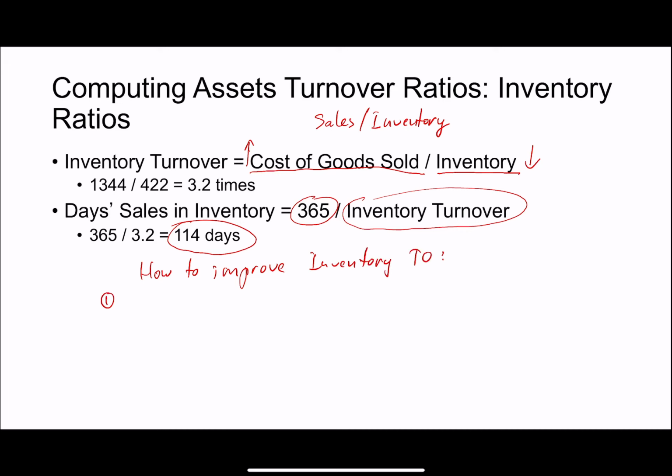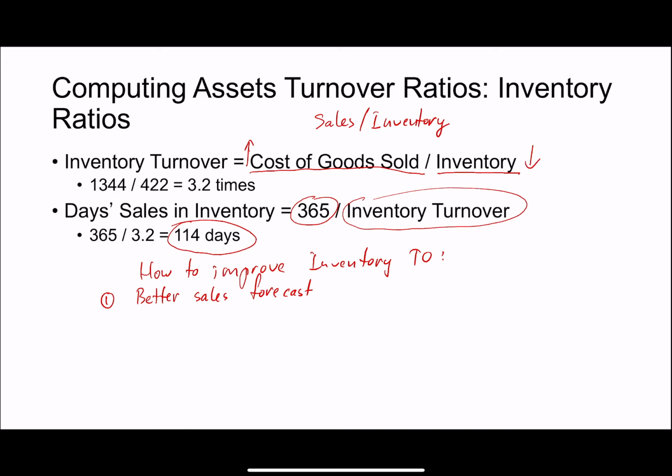So number one, you need to have better sales forecast. Okay, so one of the main reasons why companies accumulate too much inventories is because they miss their sales forecast. They overproduce, they produce more than they expect to sell, and that will result in buildup in inventories.